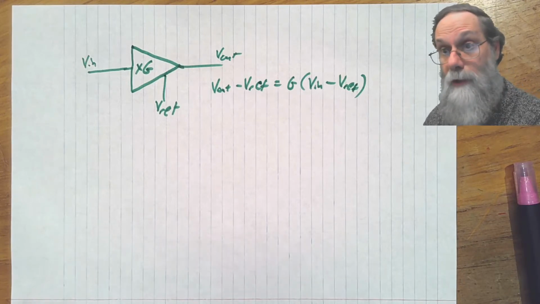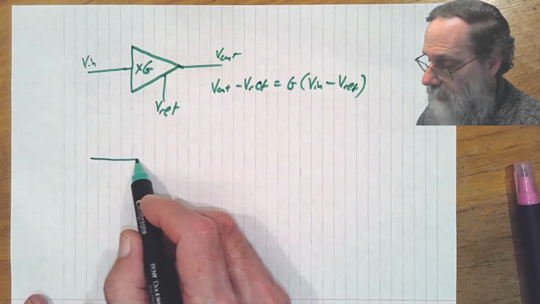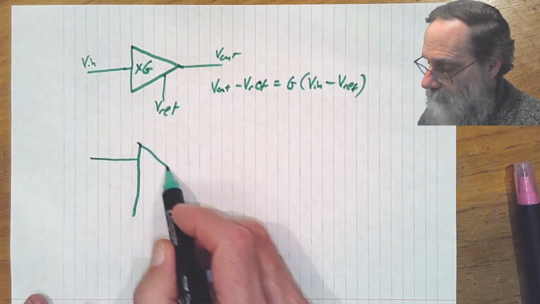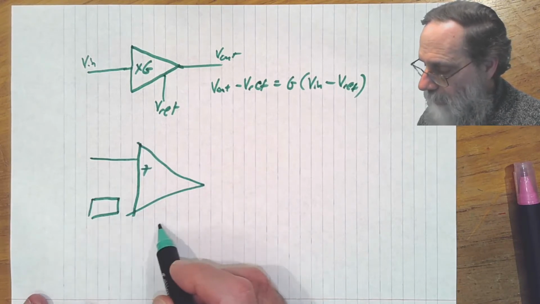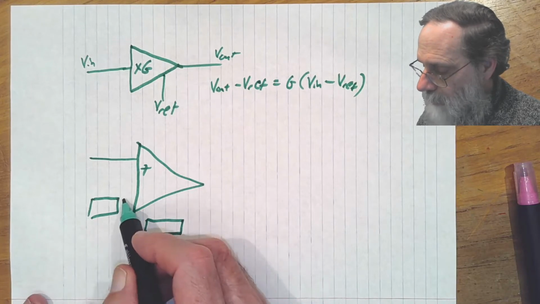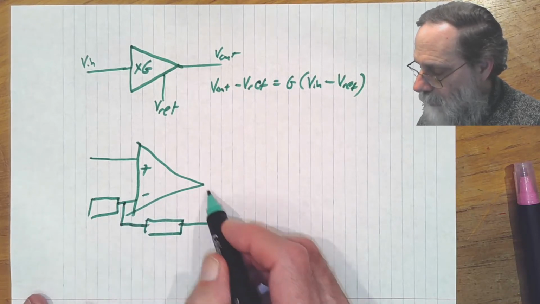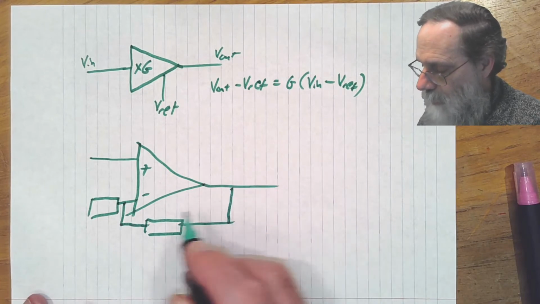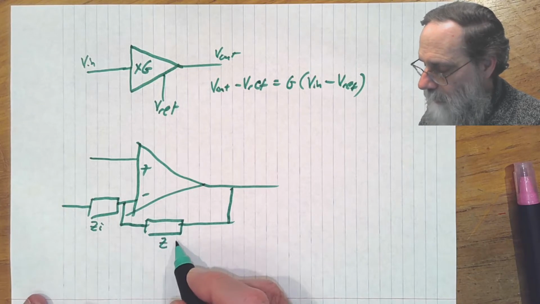Well, let's look at the circuit for a negative feedback amplifier. We had an input coming in to the plus input of an op-amp. We had a pair of impedances hooked up to the negative input, and this one was ZI, this one was ZF.